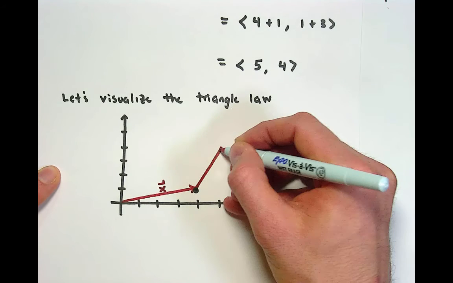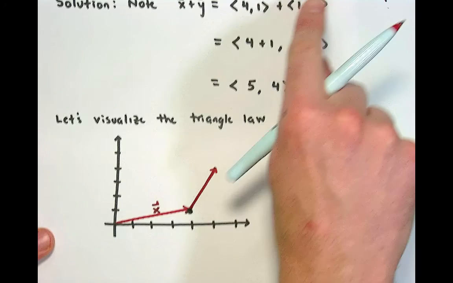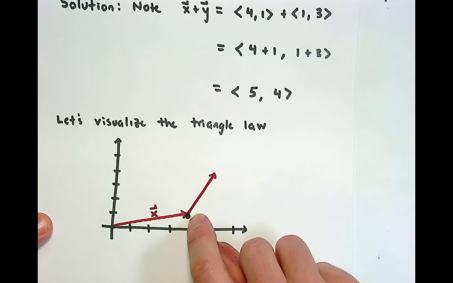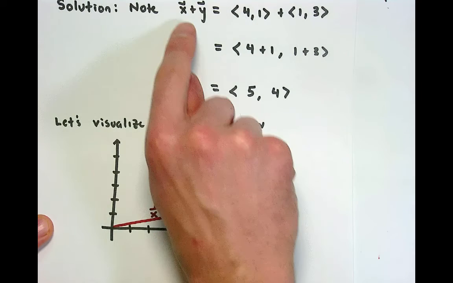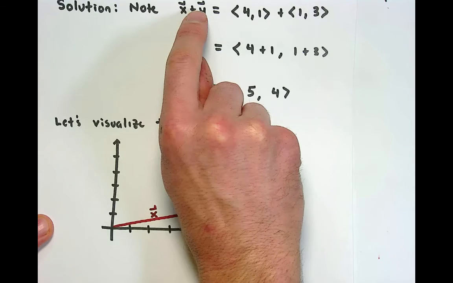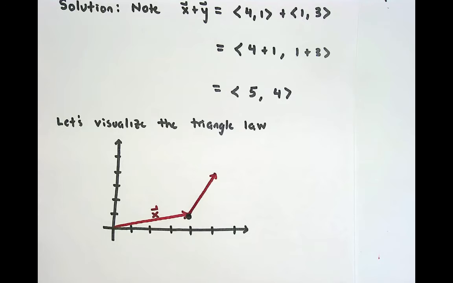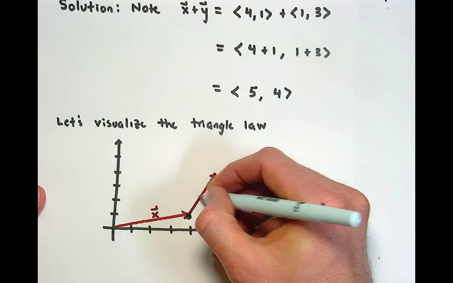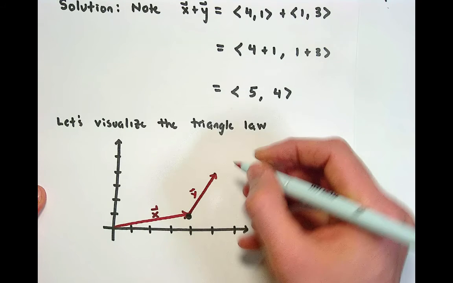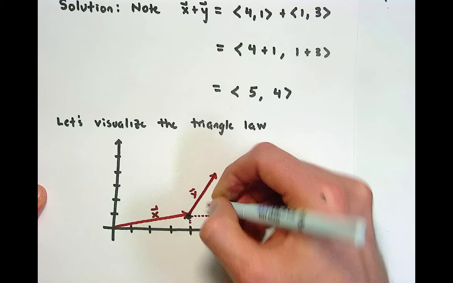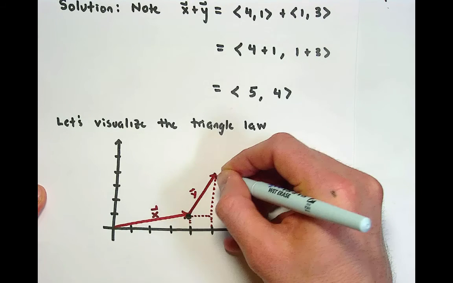Notice that the initial point of this y vector is the terminal point of the x vector. I start y at the end of x. So now we have here, this is y. And notice we have that beautiful box.